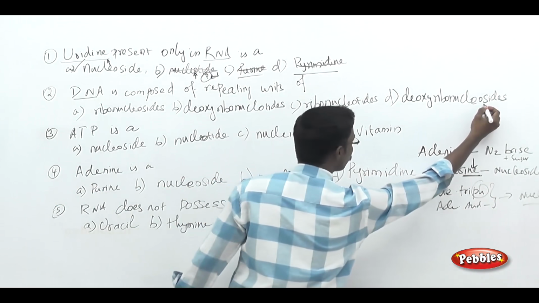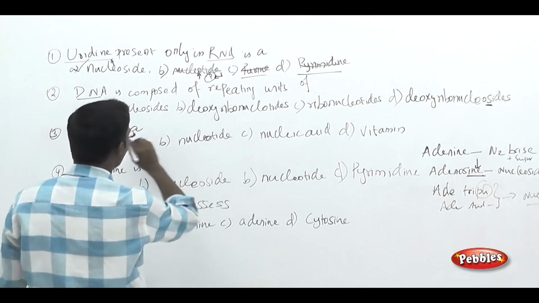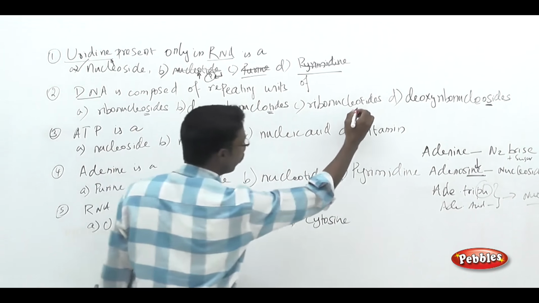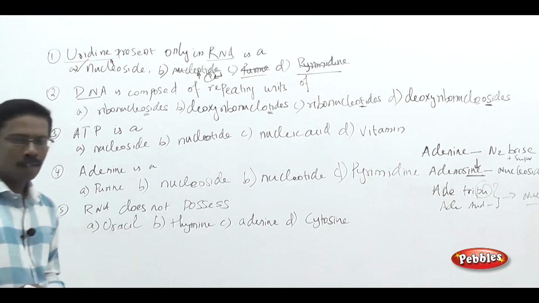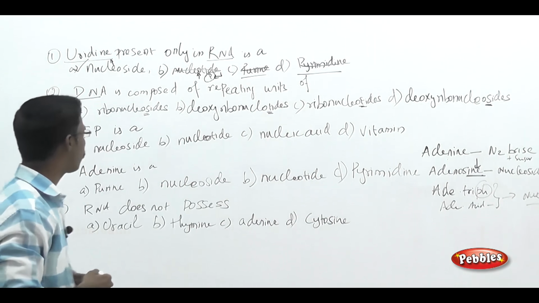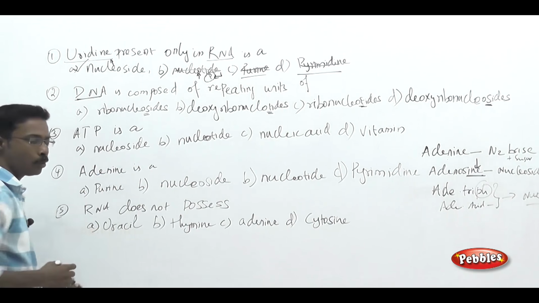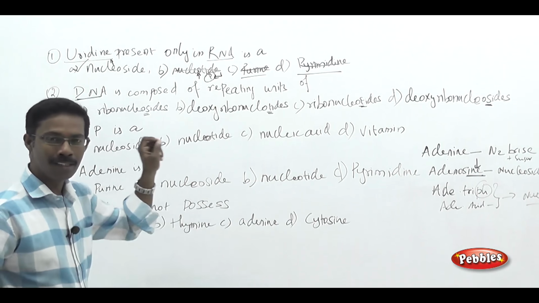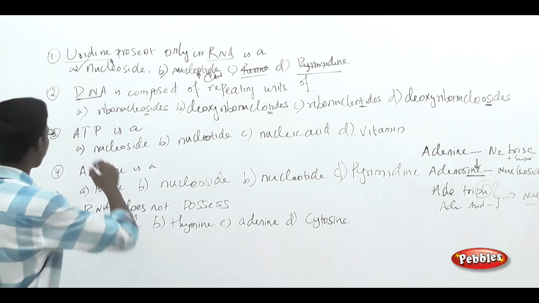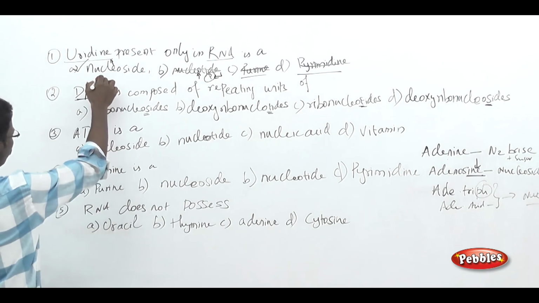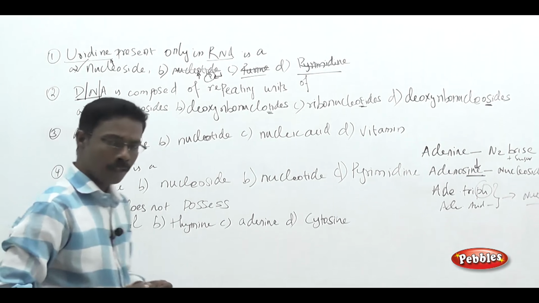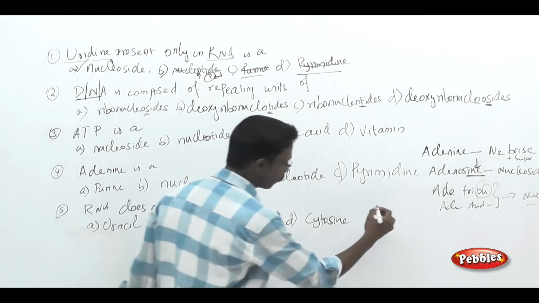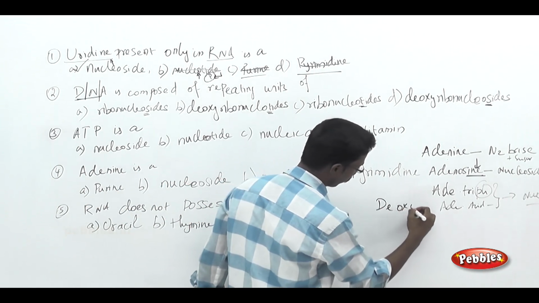So as I explained in the last question, you have to remember DNA refers to deoxyribonucleic acid. The major difference between these is the presence or absence of the deoxy sugar.